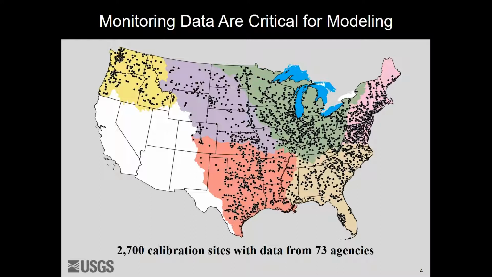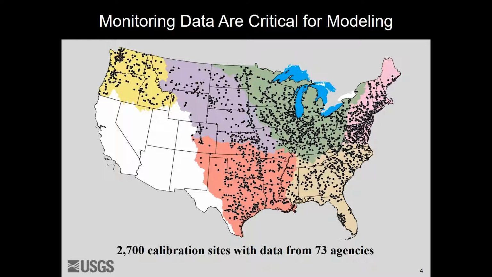To develop the load database, we start out with the national databases, including the USGS NWIS system and the EPA STORET system. But we also made numerous contacts with regional, state, and local monitoring agencies to obtain data that wasn't included in those national databases.